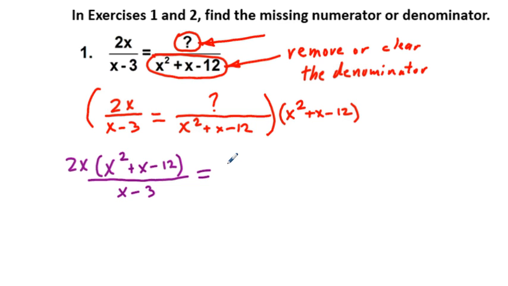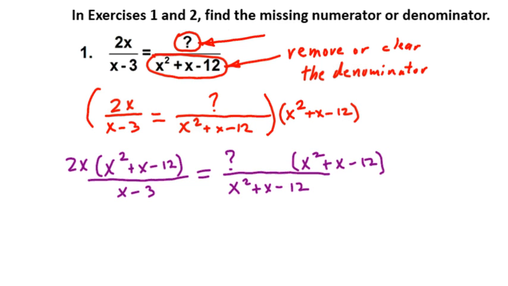On the right side, we have the question mark in the numerator divided by x squared plus x minus 12, and multiplied here by the quantity x squared plus x minus 12. And on the right side, which was our intention anyway, we cancel x squared plus x minus 12 over x squared plus x minus 12. And on the left, we have 2x times the quantity x squared plus x minus 12 over x minus 3.